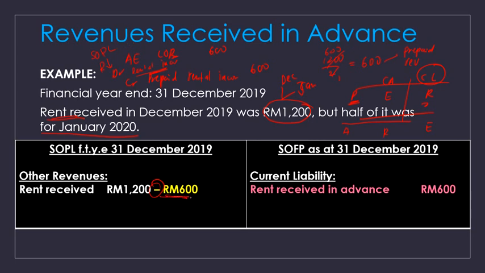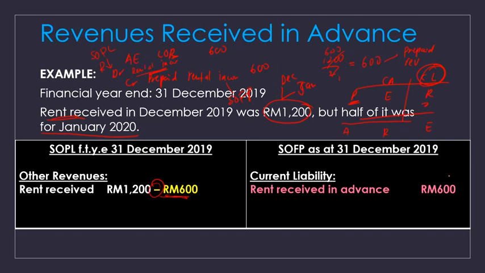So dalam you punya SOFP letak je dia under current liability, rent received in advance ataupun prepaid rental income. Prepaid rental receive boleh tulis je, letak 600. Itulah yang you all kena buat adjustment dia macam tu.